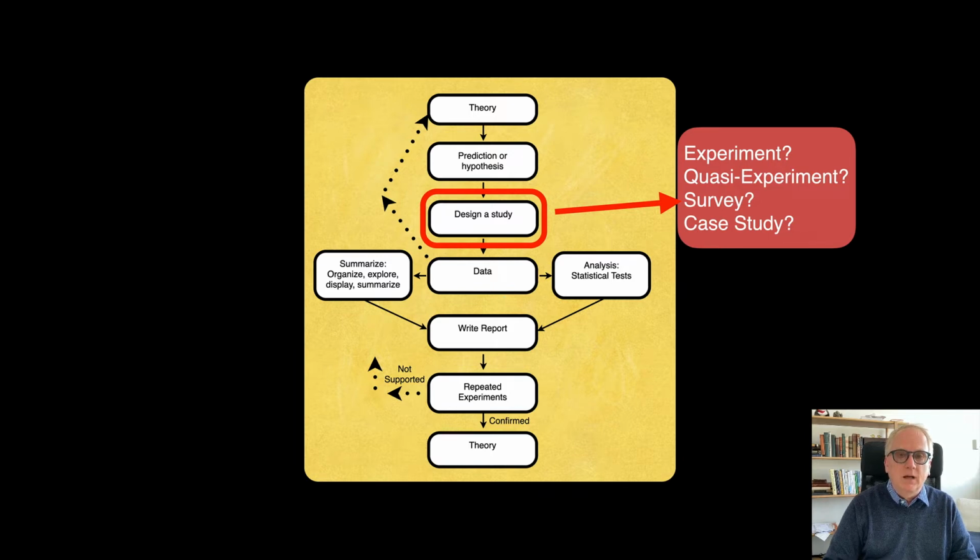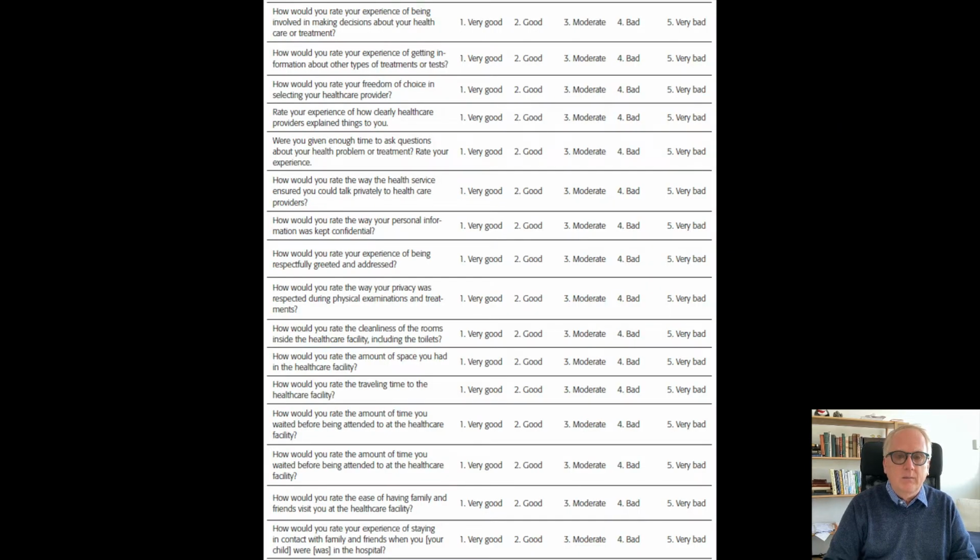Now today, obviously we're going to be focusing on surveys, and we run into surveys all the time. I'm sure you've been asked to fill out things like this, questions where you read a statement and then indicate how much you agree or disagree, or how very good or very bad, that kind of thing, right? So that's what we mean when we're talking about a survey.